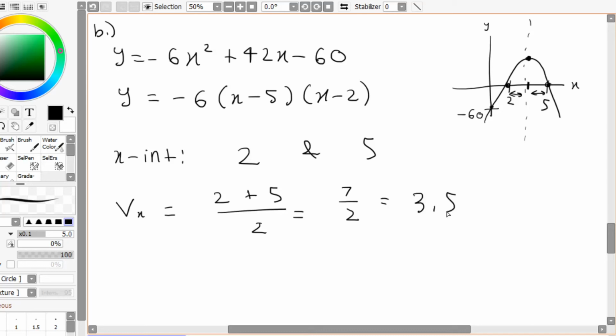And now that we know the x value of the vertex, we can plug this into here, and from there we'll find y. So let's do that. The vertex y is going to be -6(3.5 - 5)(3.5 - 2).